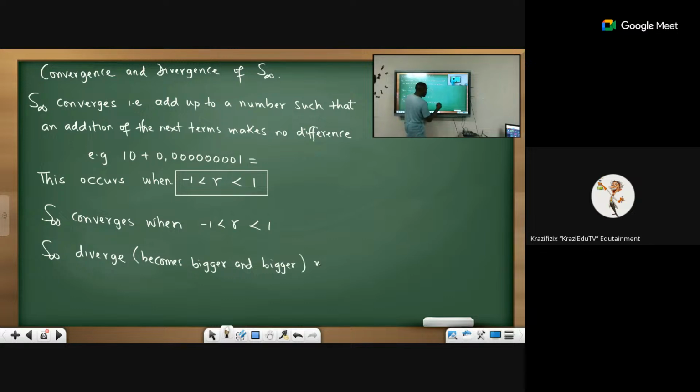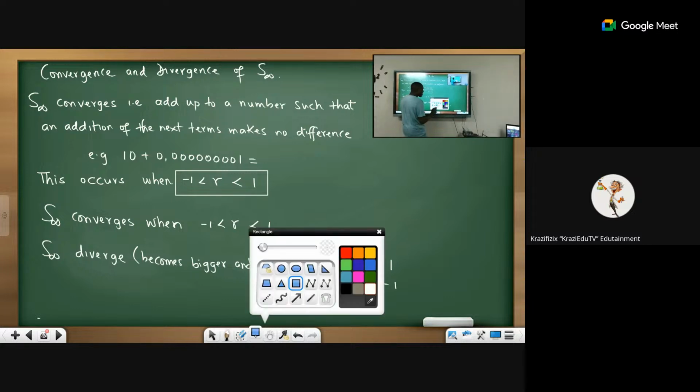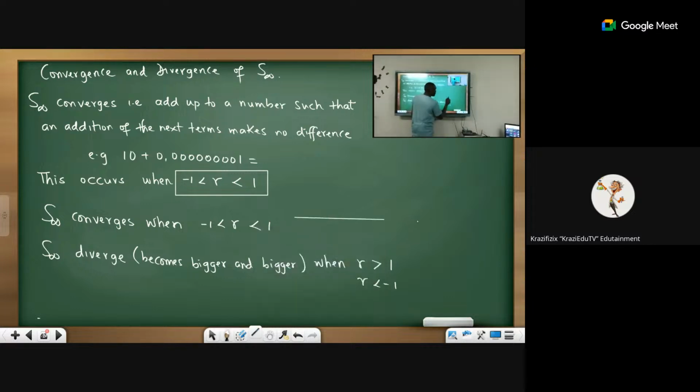When would that happen? When r is greater than 1, it's an inequality, and r is less than -1. If we draw our inequality number line, what do you notice? -1 and 1.